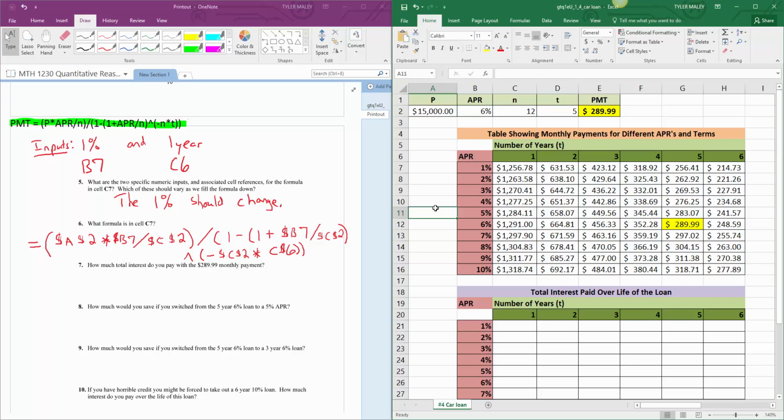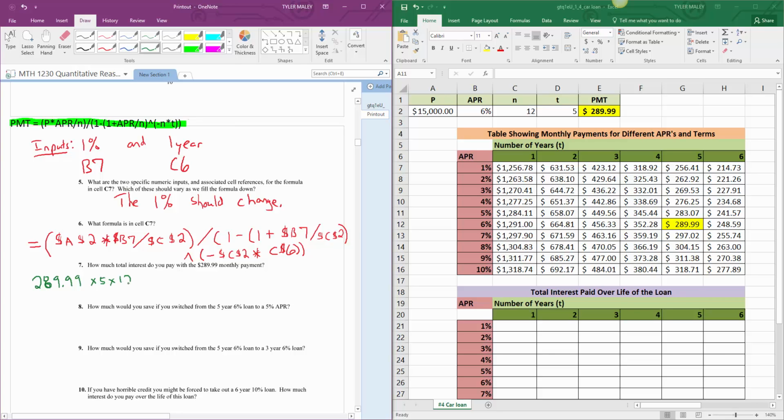So to figure this out, one thing you might want to think about is I'm paying this payment, $289.99, that's my monthly payment. Pay it every month. I'm paying that monthly payment over 5 years, so we would have to do times 5 times 12.